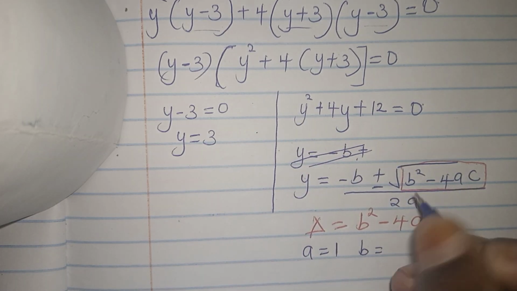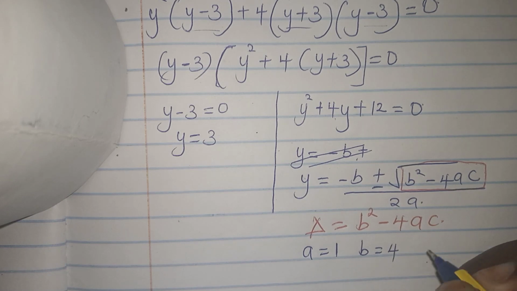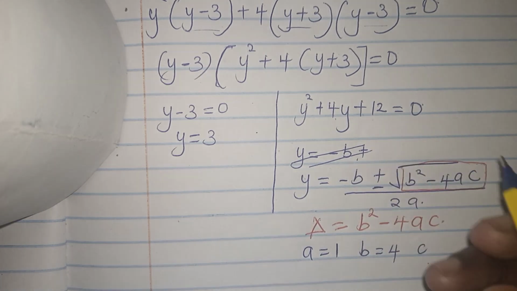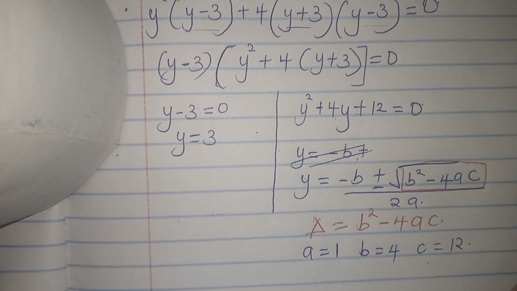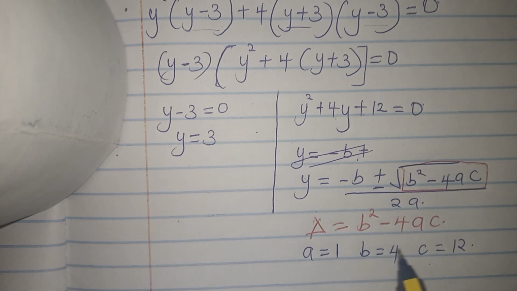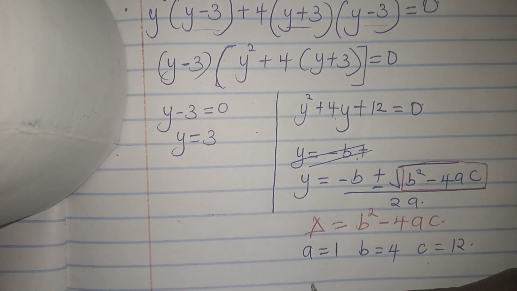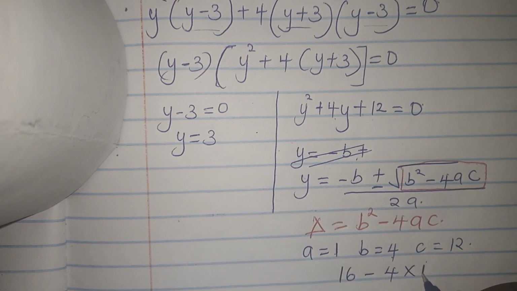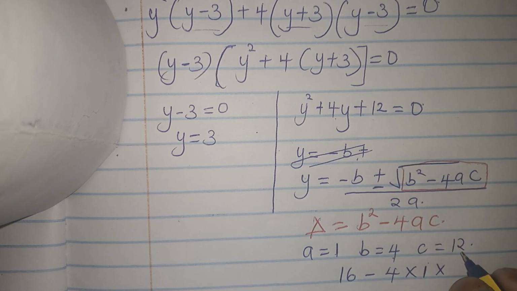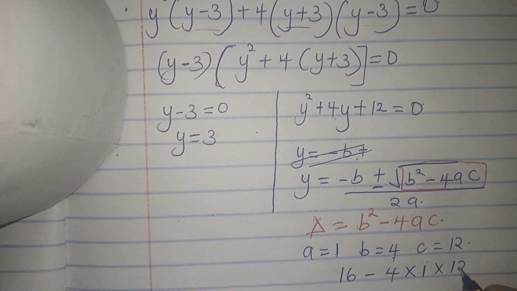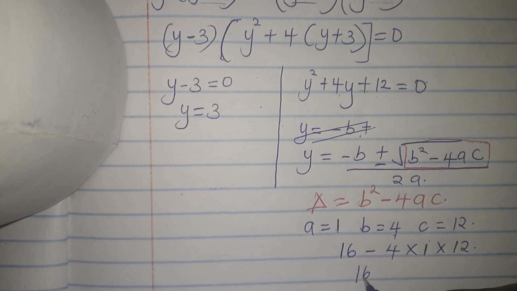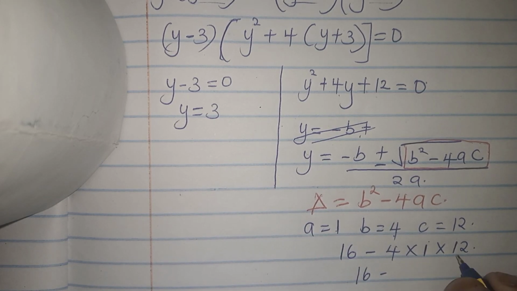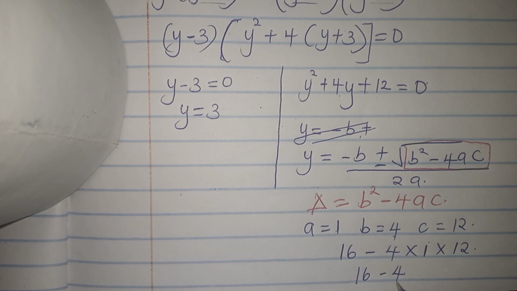Our b is the middle term here, which is 4. And our c is this term here, which is 12. We are going to substitute these numbers in our discriminant. So b squared, this is 4 squared, which is 16, minus 4 times a, which is 1, times c, which is 12. 4 times 12 gives us 48.